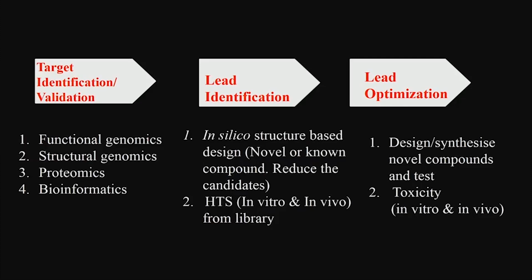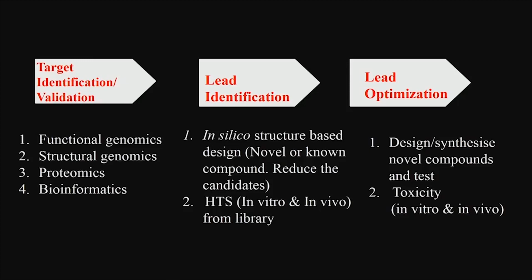So, we first look at the gene that is involved in that particular place, we look at the proteins, do I have a 3-dimensional structure of the protein, or can I get the 3-dimensional structure using X-ray crystallography, do I know the active site, I need to confirm or validate whether that is the active site, then all these are called target identification.